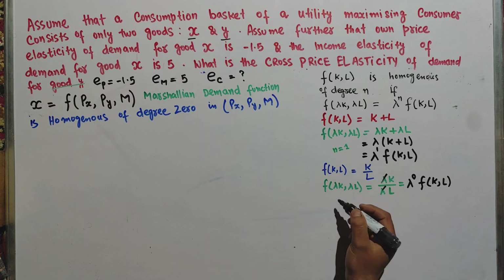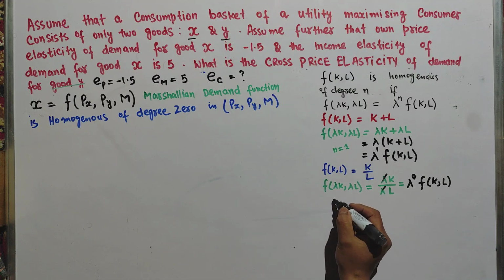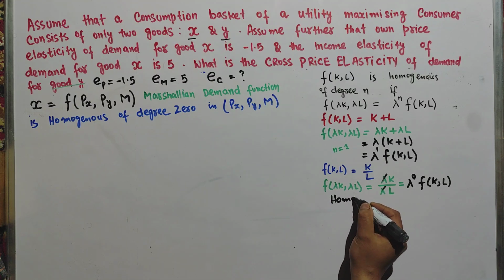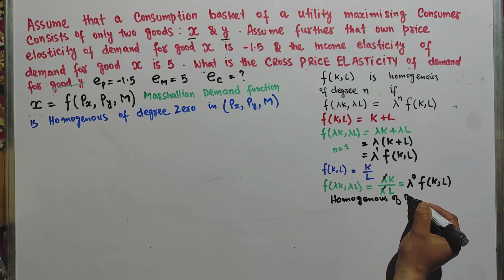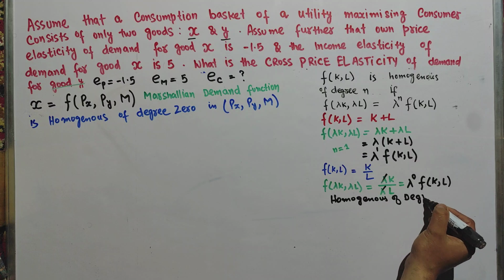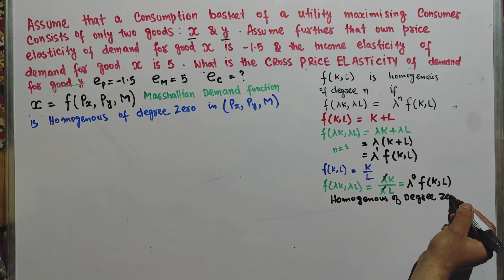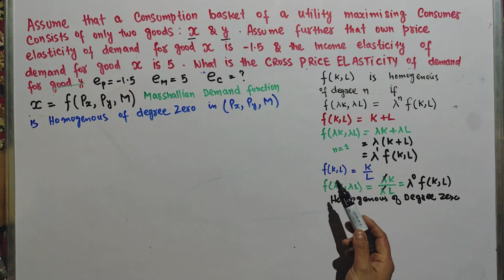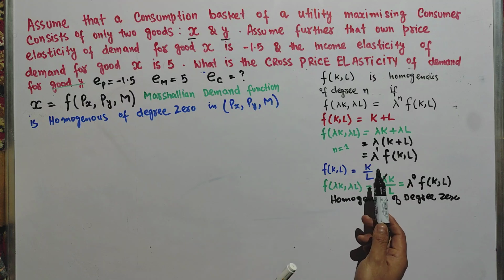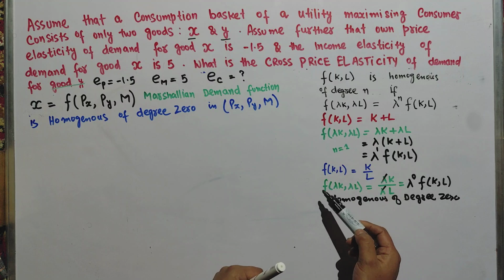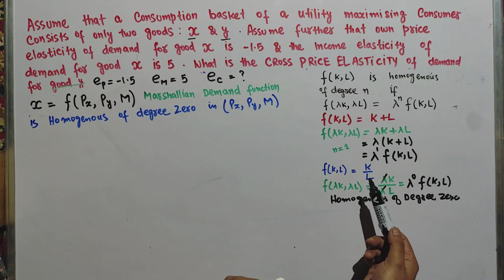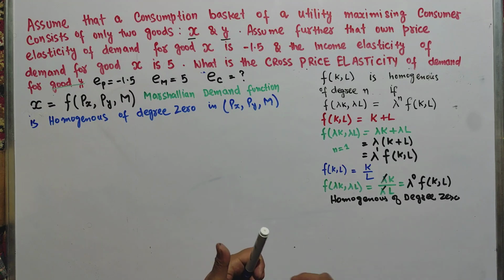So this function is homogeneous of degree 0. That means if we increase both capital and labor by the same proportion, output will not increase at all. Output will remain the same.